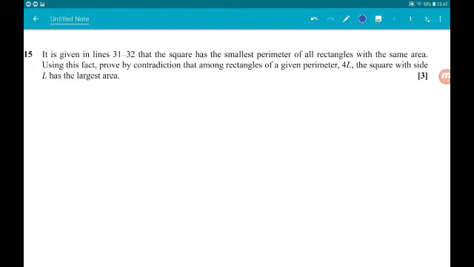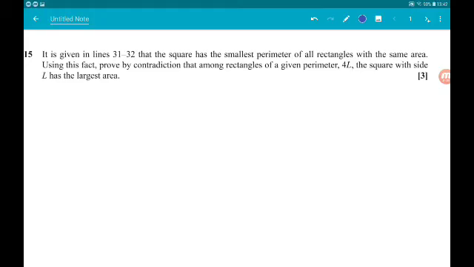Okay, so the first step with proof by contradiction is to assume the opposite of what we are trying to prove, and then see what trouble that gets us into.